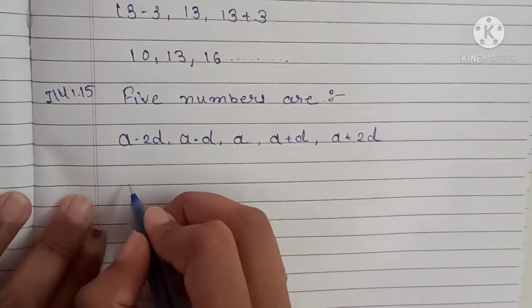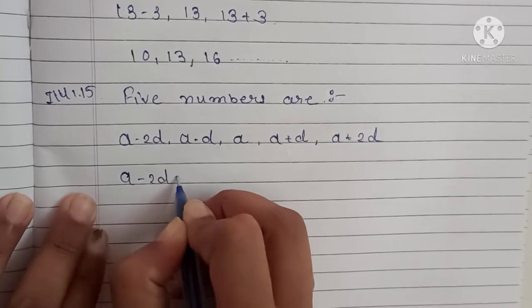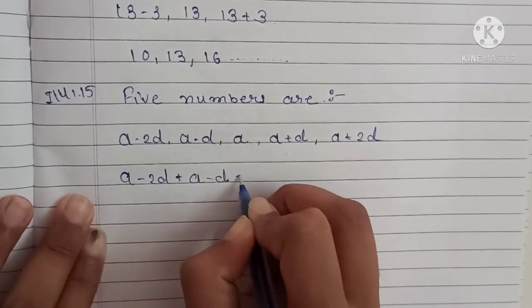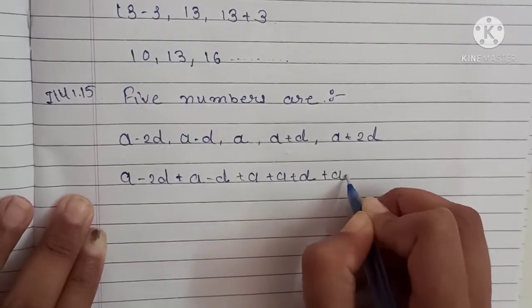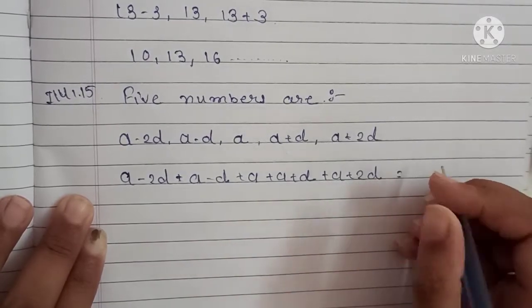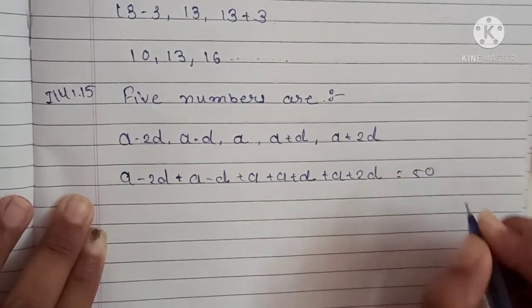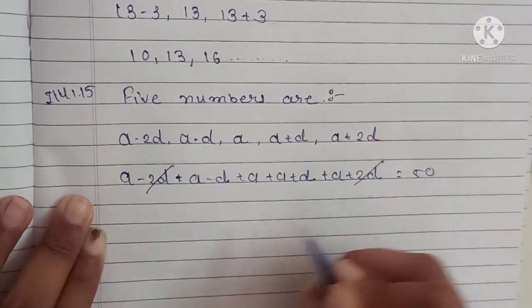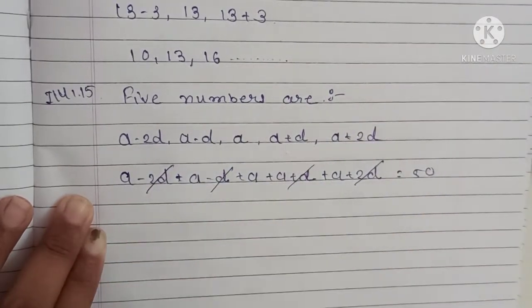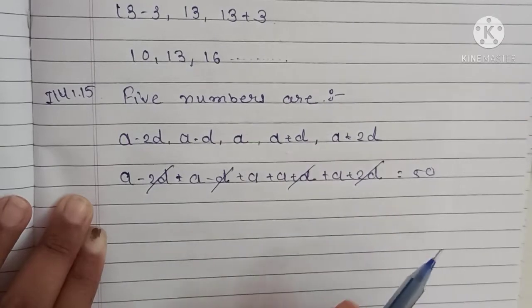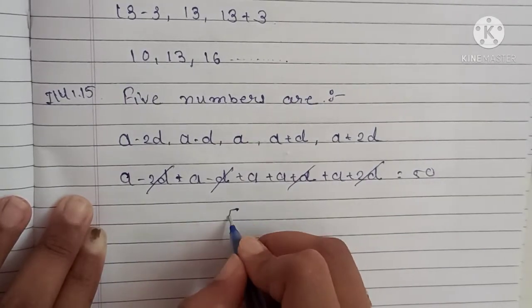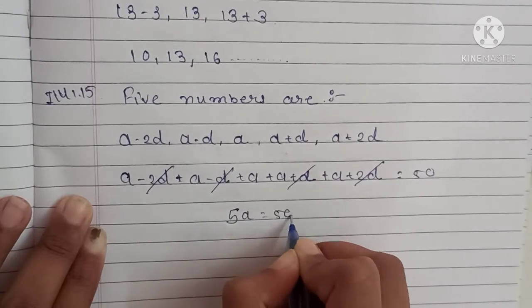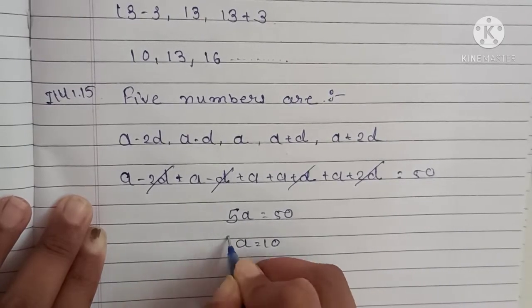So a minus 2d plus a minus d plus a plus d plus a plus 2d is equal to 50. Minus 2d plus 2d cut, minus d plus d cut. What will we get remaining? 1, 2, 3, 4, 5. That is 5a is equal to 50. a is equal to 10.